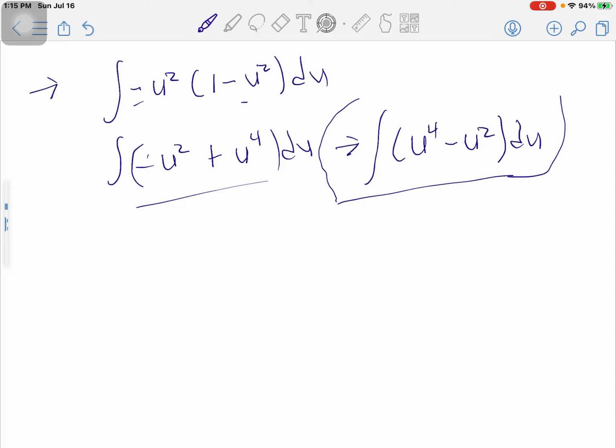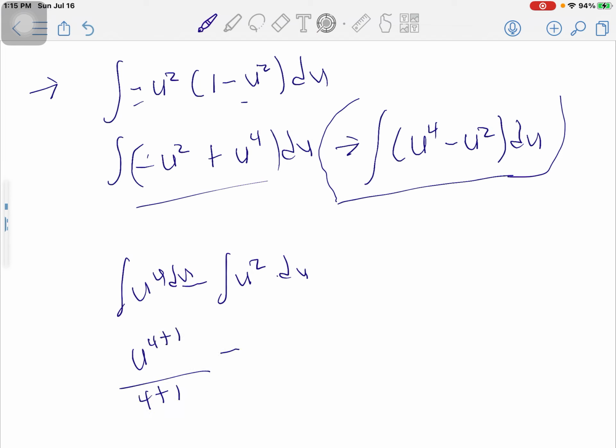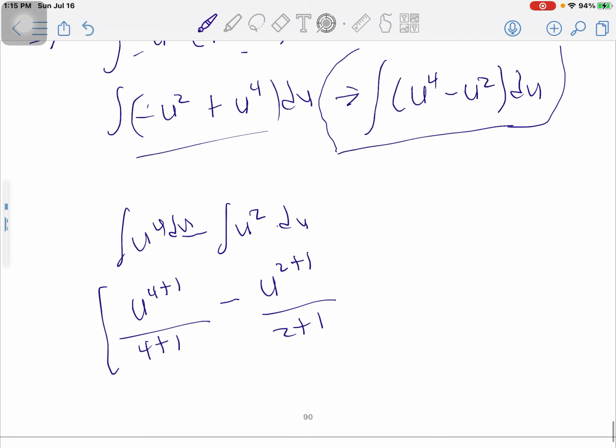And in doing this, I know that everyone can apply the power rule to solve this integral. And in this case, it is the integral of u power 4 minus the integral of u squared. And don't forget that they are all du, and here is also du. And doing this, we are going to get u power 4 plus 1 over 4 plus 1 minus u power 2 plus 1 over 2 plus 1.